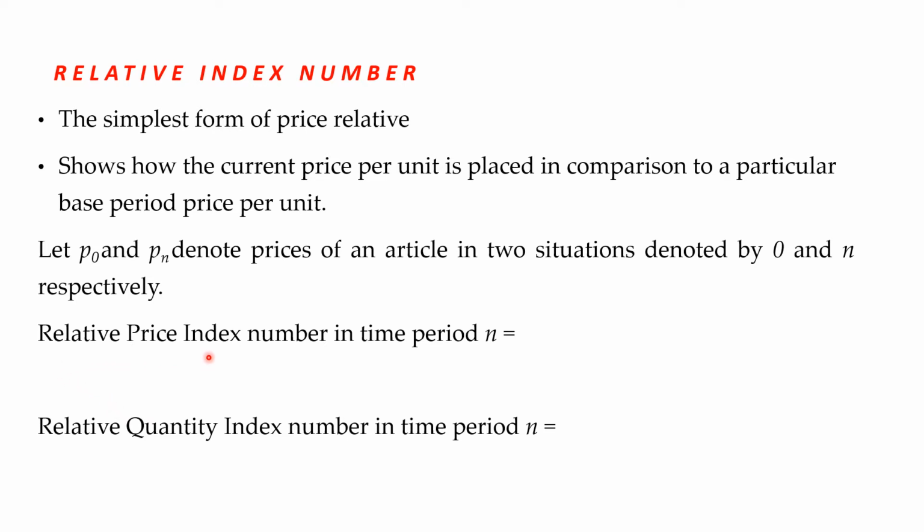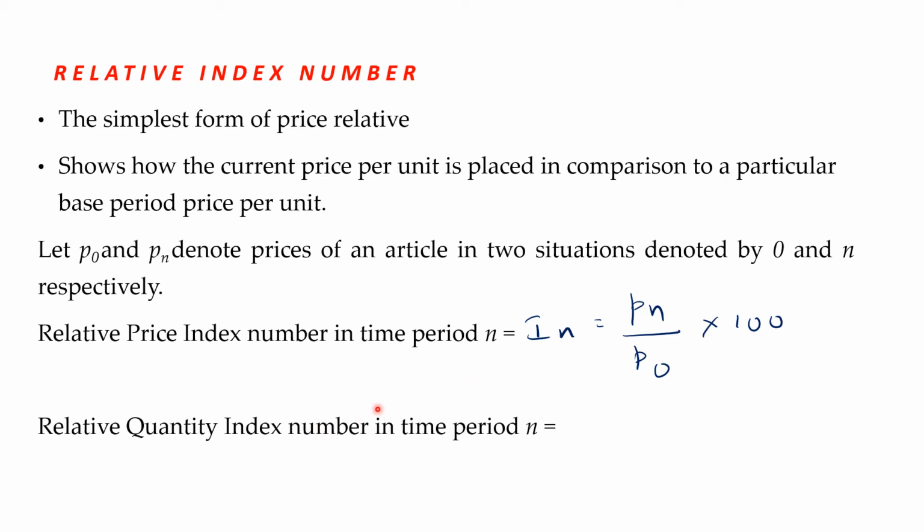So relative price index number in time period n is given by In is equal to Pn upon P0 into 100. This is how the relative price index number in time period n is calculated.